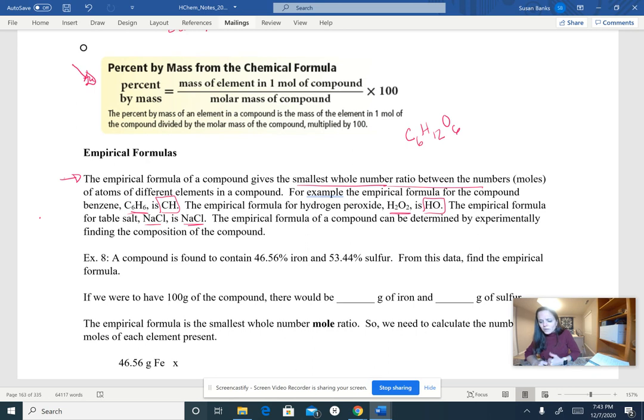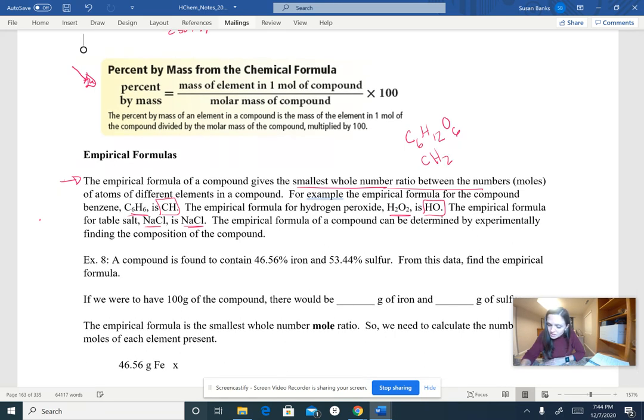So what is the common factor between 6, 12, and 6? Hopefully you all said 6. Okay, so if I divide 6 on the carbons, I get 1 carbon. If I divide by 6 on the hydrogens, I get 2 hydrogens. And if I divide by 6 on the oxygens, I get 1 oxygen. So what is a general name for sugars and starches?